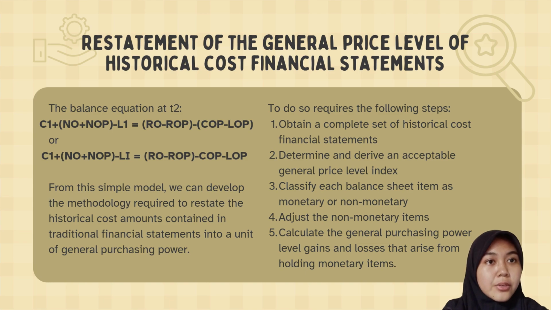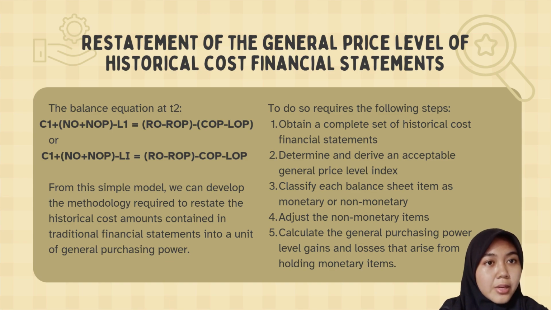To do so requires the following steps. The first is to obtain a complete set of historical cost financial statements. The second is to determine and derive an acceptable general price level index, with data covering the life of the particular items in the balance sheet. The third is to classify each balance sheet item as monetary or non-monetary.